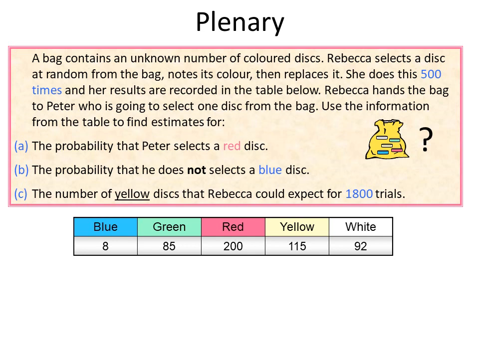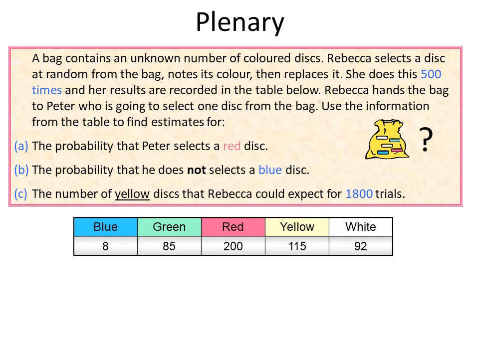We need to use the information from the table to find estimates for the probability that Peter selects a red disc, the probability that he doesn't select a blue disc, and the number of yellow discs that Rebecca could expect for 1800 trials. From the table, we can find that each color has a different number of appearances.